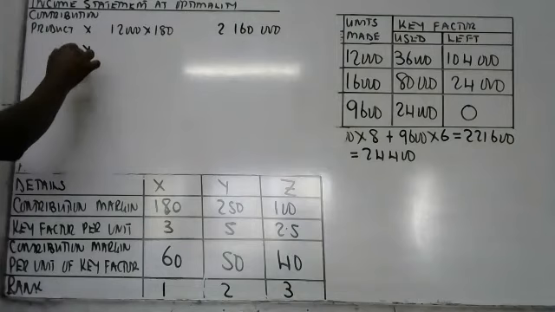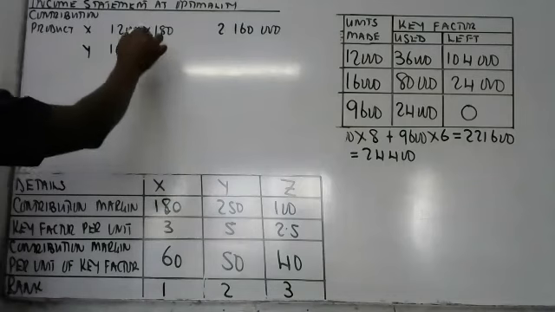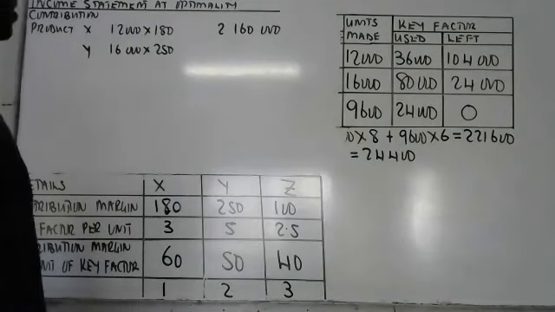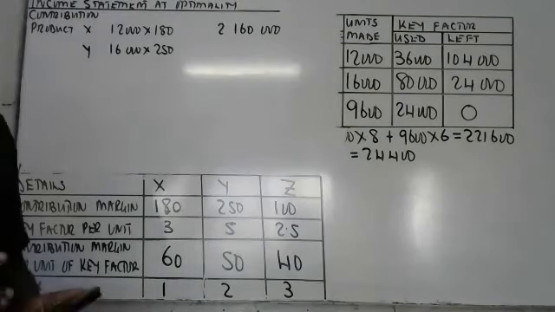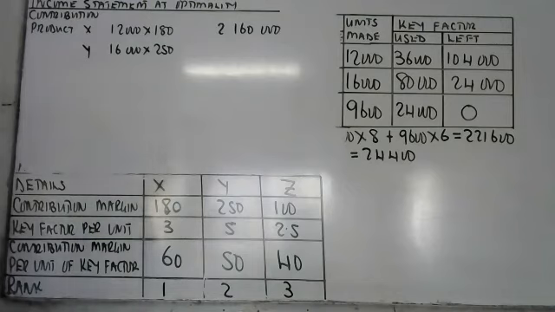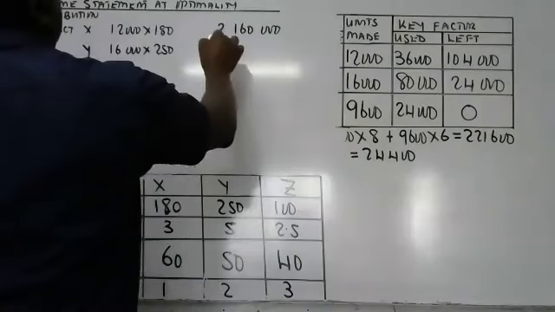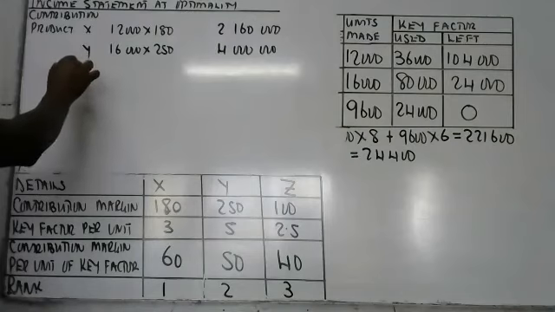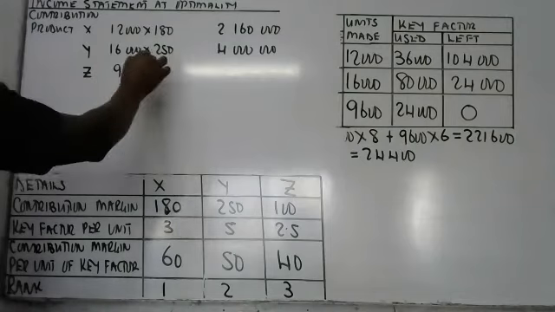Let's do the same for product Y. We are going to make 16,000, each at 250. That is 4 million. Then Z, we are going to make 9,600 units, each at 100.